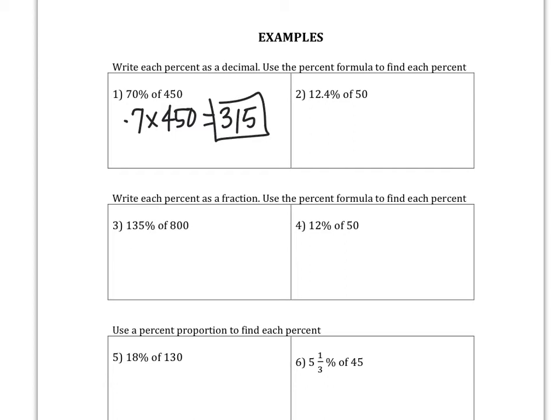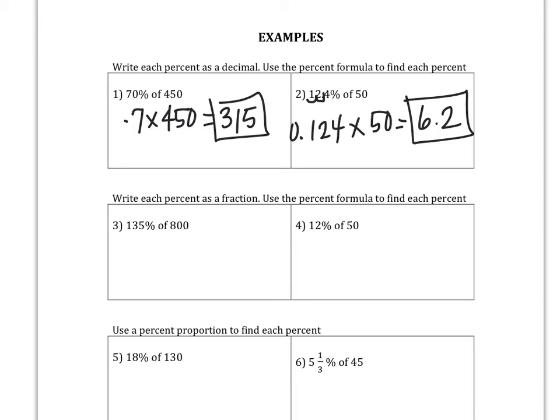So 70% of 450 is 315. Number 2, we're going to turn our 12.4% into a decimal, so that means we're moving this over 2 decimal places. So it's 0.124, put our 0 in front there. Of means times 50 equals 6 2/10.